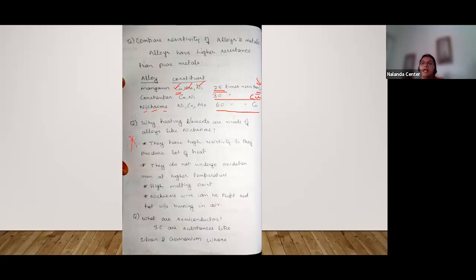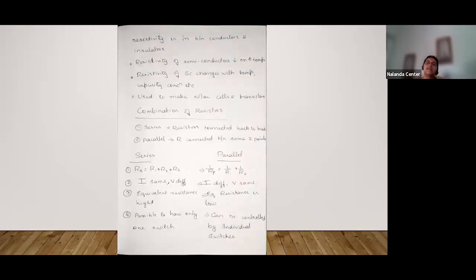Now, what about semiconductors? Semiconductors are substances like silicon and germanium. Their resistivity is in between that of conductors and insulators. Unlike metals, in which resistance increases with temperature, in semiconductors resistivity is going to decrease with temperature.